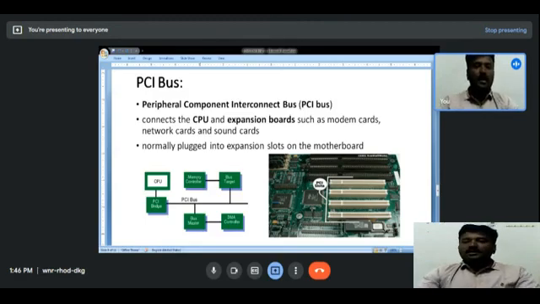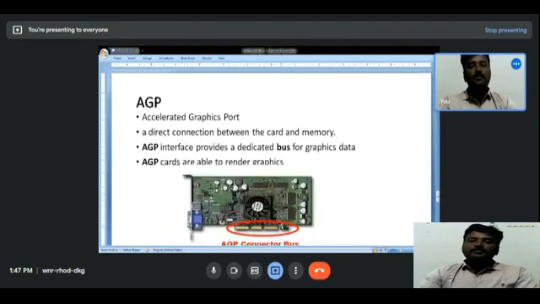In the diagram you can see the four different white colored strips. These are the components wherein you can plug in or plug out the PCI buses. So this is nothing but the PCI bus slots.